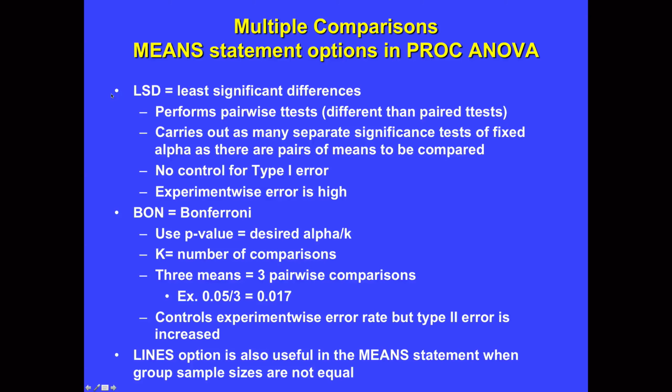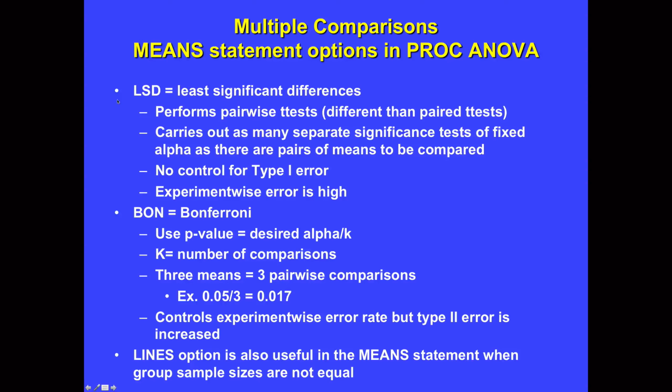If you're interested in other approaches, particularly those of you who have advanced statistical backgrounds and prefer another adjustment for multiple comparisons, you can go to the SAS help, read up on Proc ANOVA, specifically the mean statement, and they'll provide a number of different options that can be used for multiple comparison adjustment.